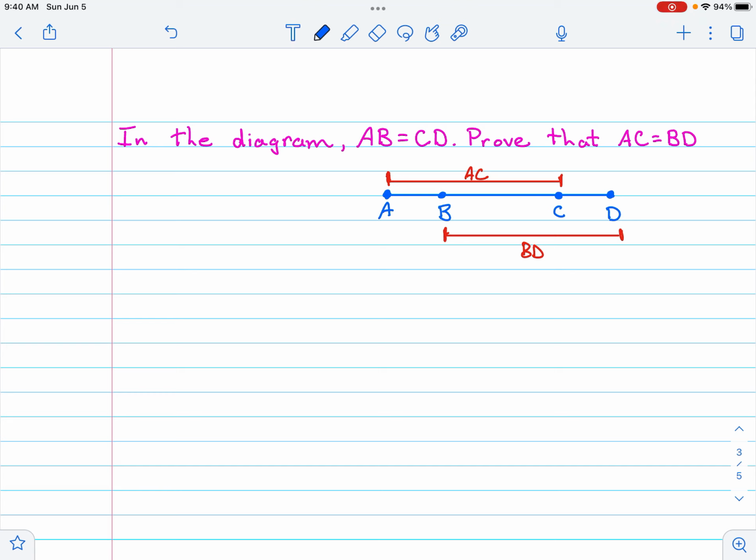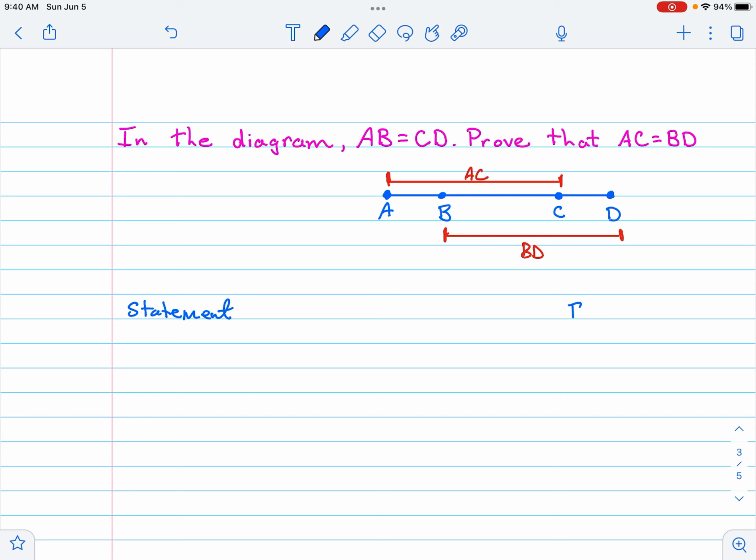So we're going to start this off. We've got a statement and we've got a reason. The first thing is easy. I'm just going to say AB equals CD. That's given. That's the only reason I need. That's what they told me.